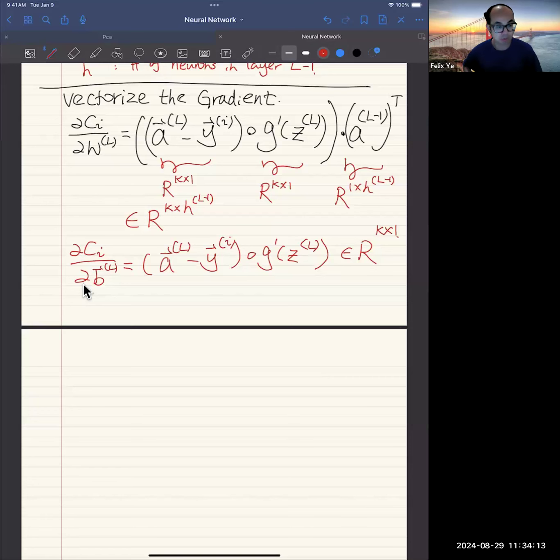What I'm going to do is define some additional quantity to help us simplify the calculation. I'm going to define a quantity called delta of L. This is defined as partial CI, partial A L, times G prime of ZL.